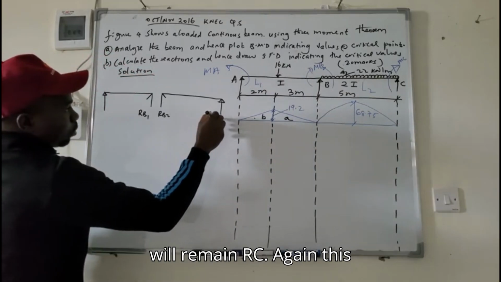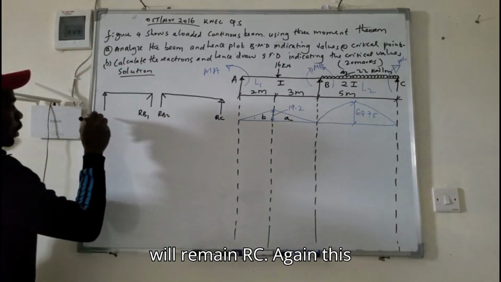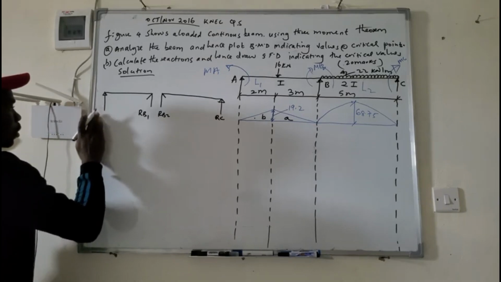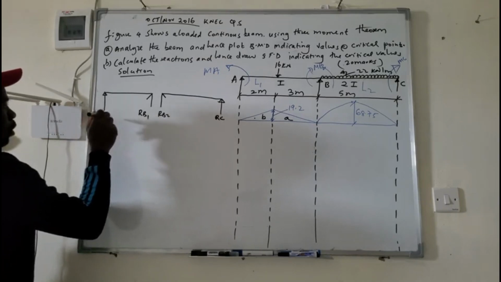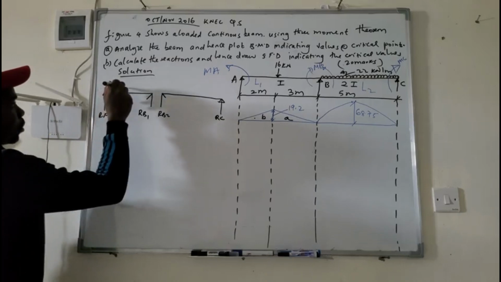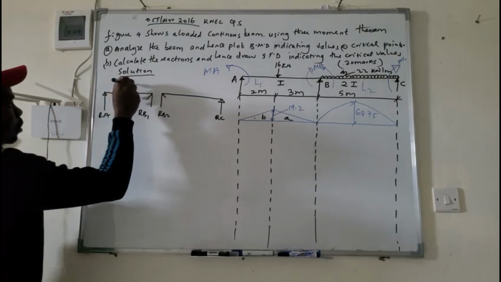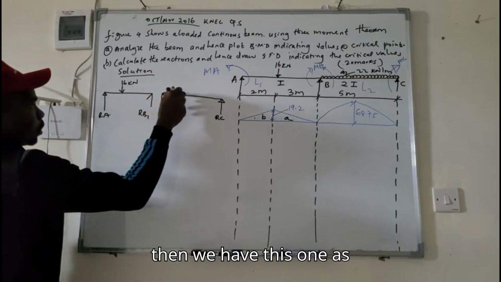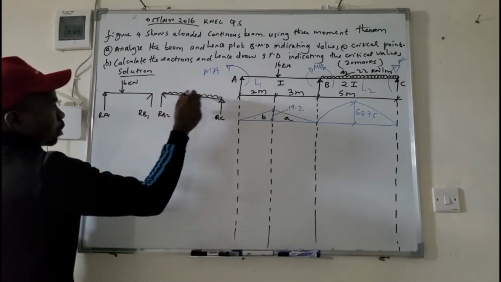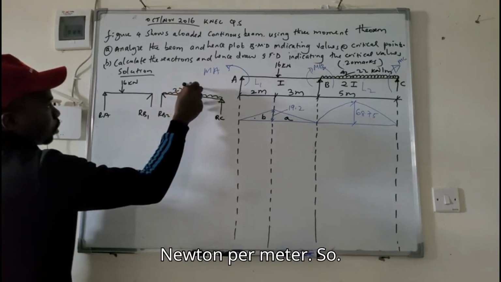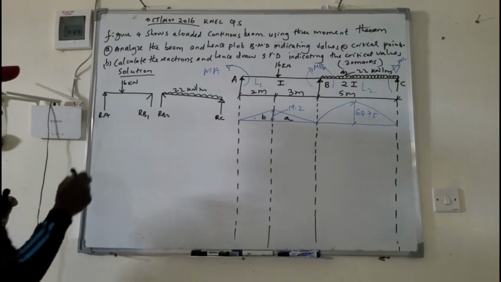This one will remain RC. Again, this one will remain RA. So we have this 16 kilonewton, and then we have this one as 22 kilonewton per meter UDL.